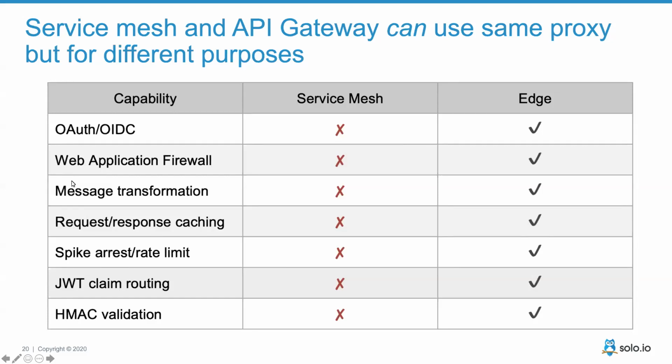Then stepping out a little bit and saying, well, we need web application firewall rules. We need whitelist, blacklist, SQL injection detection, all of these types of things at the edge. We need message transformation because the requests coming in from our clients might not be in the right shape that we need for the backend services.